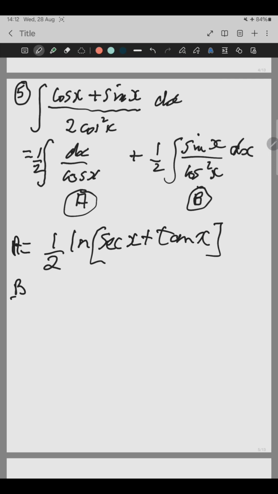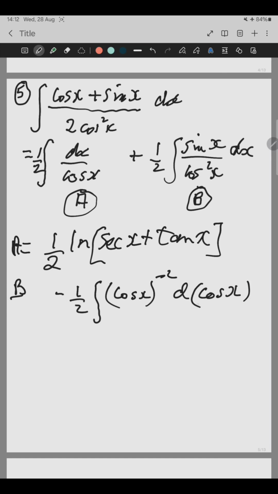And for b, well, b can be written as minus 1/2 cos x to the power minus 2 times d cos x, because sin x is the negative of the derivative of cos x.